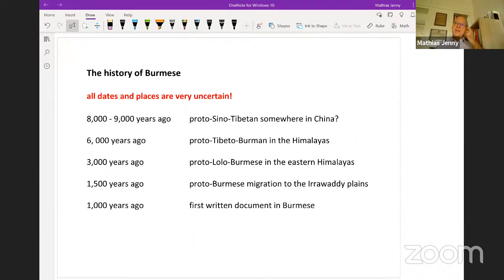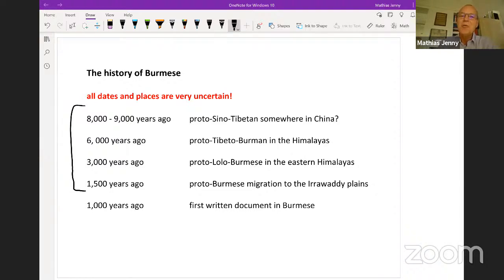The history of Burmese I give you here is very tentative. Especially these dates are very uncertain. So maybe some 8,000 to 9,000 years ago, there was a language, Proto-Sino-Tibetan, maybe spoken somewhere in modern China. Linguists are still arguing.